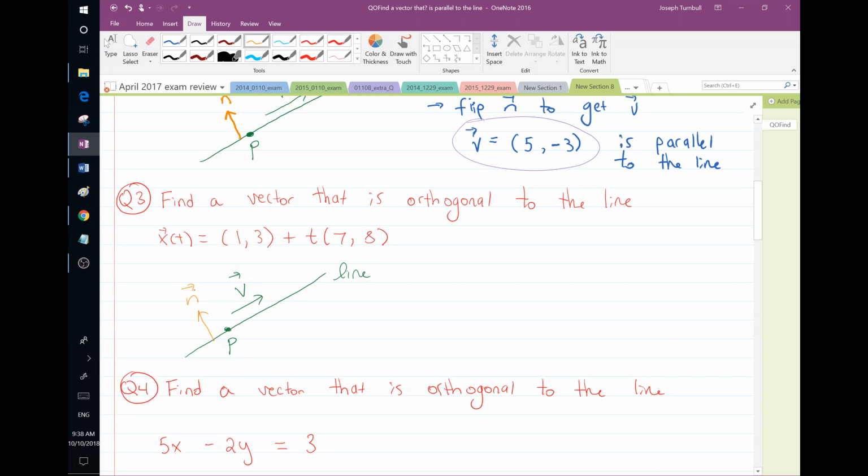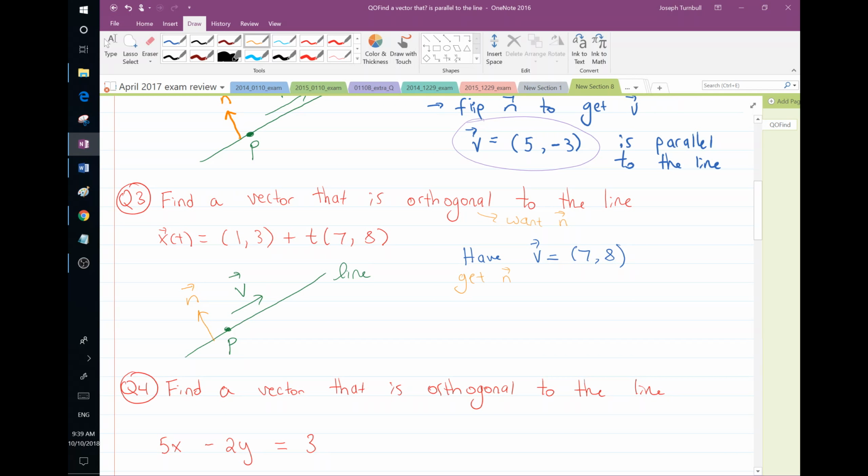Okay, this time the direction vector V is given to us. We have direction vector V that is 7, 8. Now, we want a vector that is orthogonal. That means we want a normal vector. So again, we're going to take our direction vector and flip.